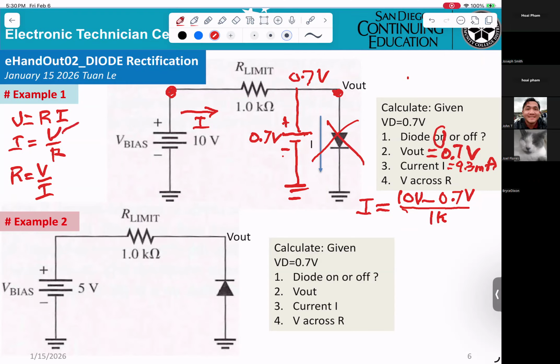V is in volts, R in ohms, then you get amperes. However, it's not ohm, it's 1K, which is 1,000 ohms. So that's why I get milli. Whenever you divide volts by kilo ohms, you get milliamps.